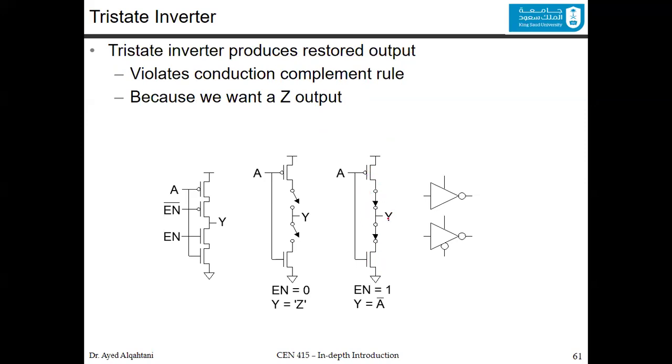And because of this, the output is either going to be fed by the VDD, which we call charging the output because you are charging the output with charges coming from the power supply, or if it is connected to the ground, then it is going to be discharging, or you are taking out the charges to the ground.